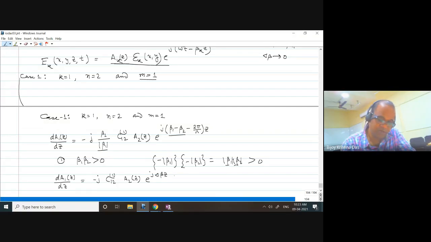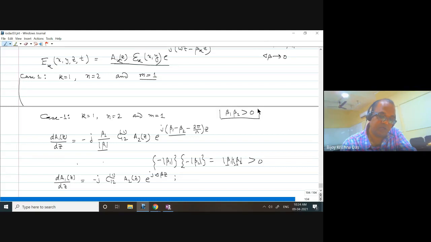Then one equation I am getting like this, and another equation I can also consider. How can we consider? Okay, I should modify this one a little bit here. So let us consider, I am considering this case when my situation is beta 1, beta 2 greater than 0.